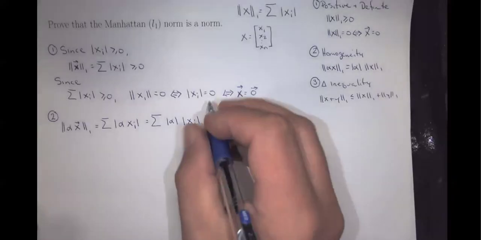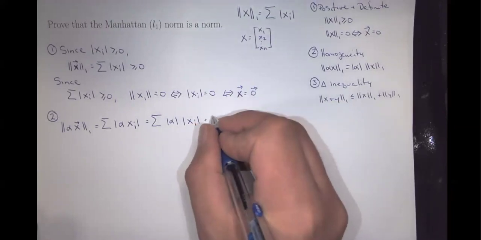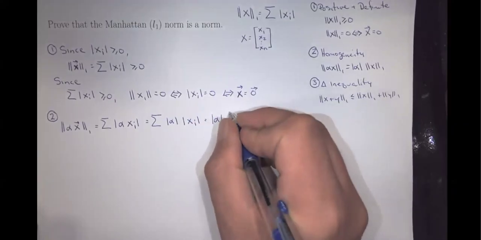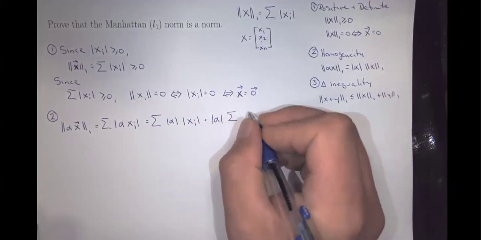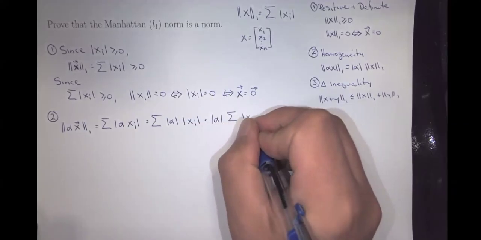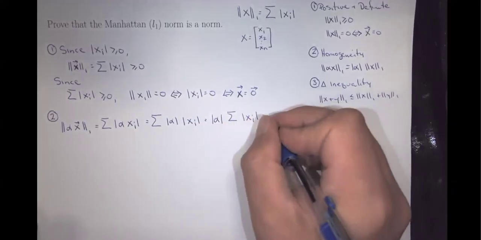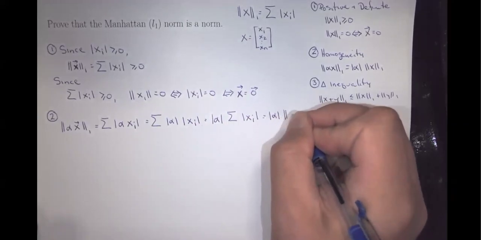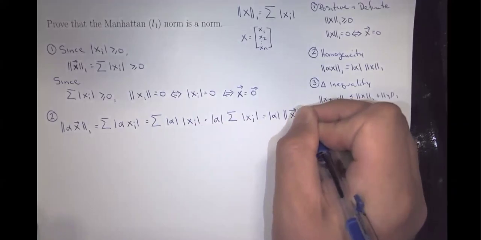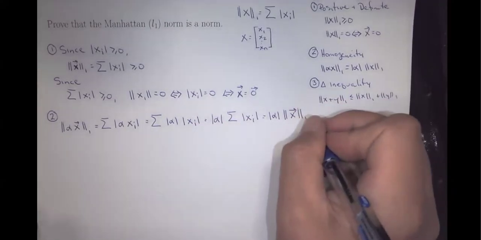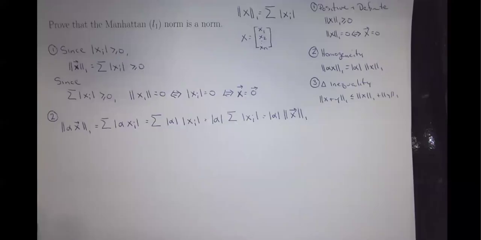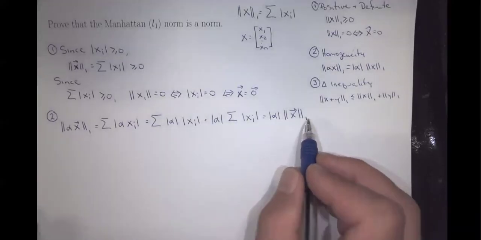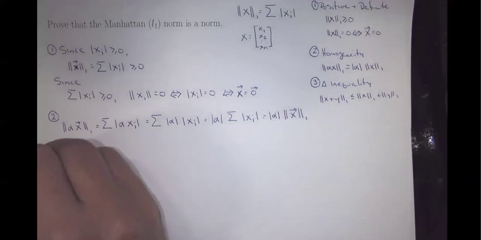But of course, because each value here is being multiplied by the same scalar, it's absolute alpha times the sum of the absolute xi's, and the sum of the absolute xi's is just the norm. And so the one norm of alpha times x is equal to the absolute value of alpha times the one norm of x.